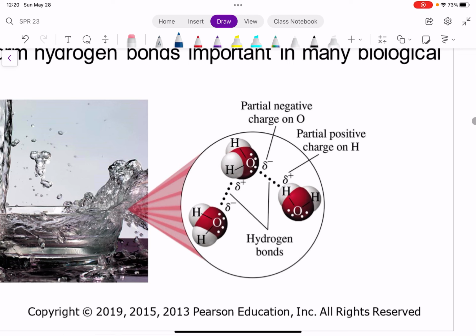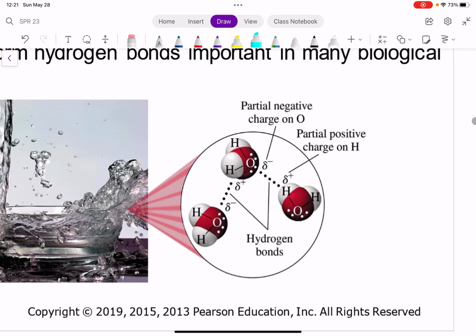So you've got that partial negative charge on that oxygen and that partial positive charge on the hydrogens. And remember, we've got all of these water molecules in our beaker or whatever, and they can interact with each other, and they do.